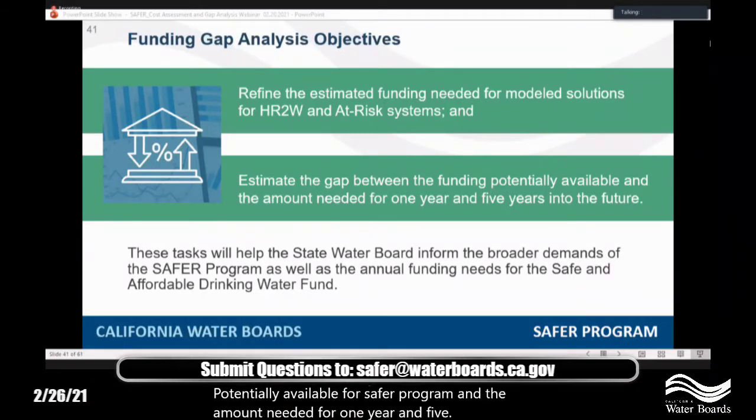And hopefully this will help the State Water Board inform broader demands or needs for the SAFER program, as well as help inform the annual funding need that goes into the planning for the Safe and Affordable Drinking Water Fund. Next slide.